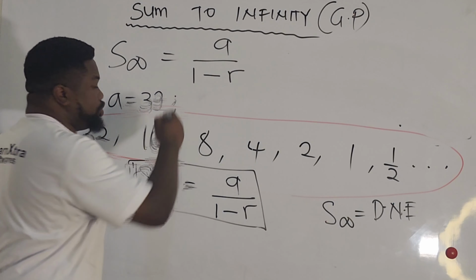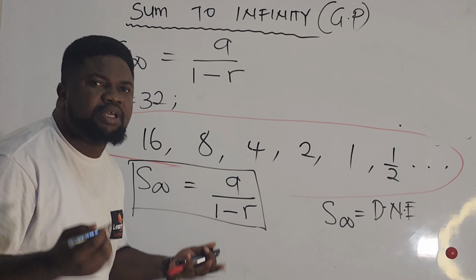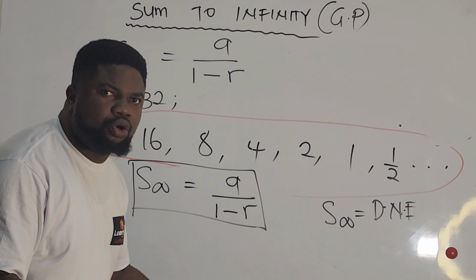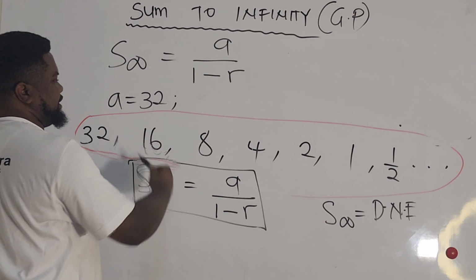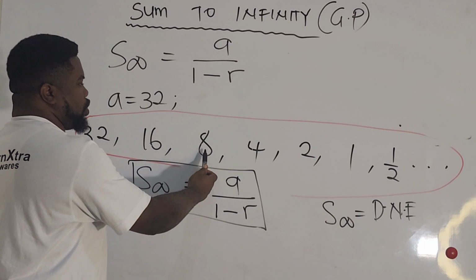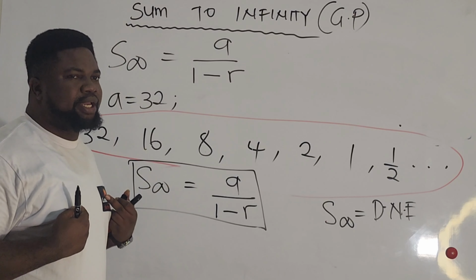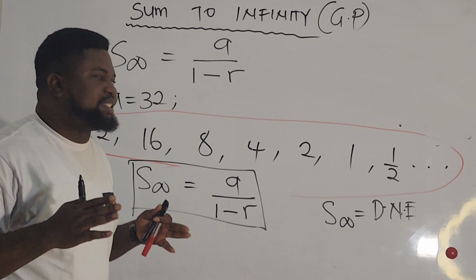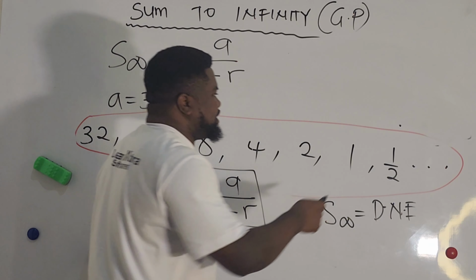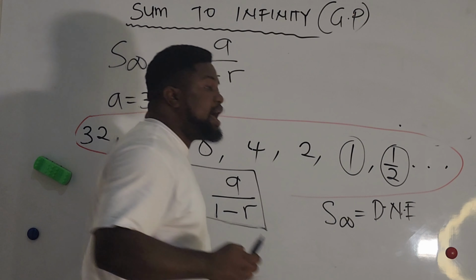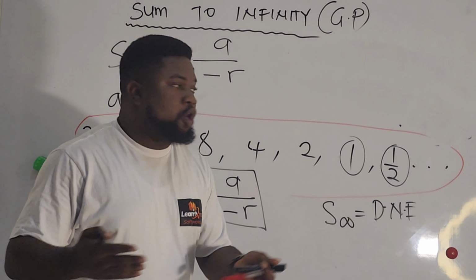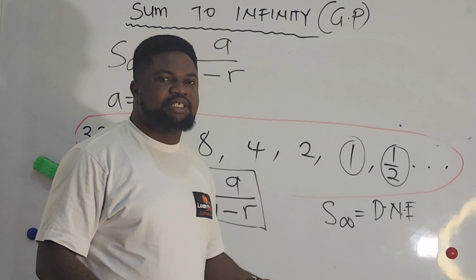What's my common ratio? My common ratio is simple. The one you know, which is second over first or third over second. For me, I will go to where it is easy, which is this one over this one. I know that anything over 1 is that same thing.